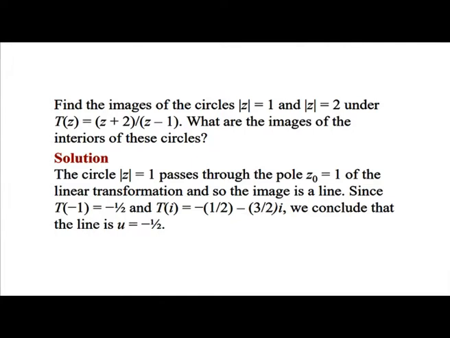So, the circle mod z equal to 1 passes through the pole z naught equal to 1 of the linear transformation, and so the image is a line. Since T of minus 1 is equal to minus half and T of i is equal to minus half minus 3 by 2 i, we conclude that the line is u equal to minus half.